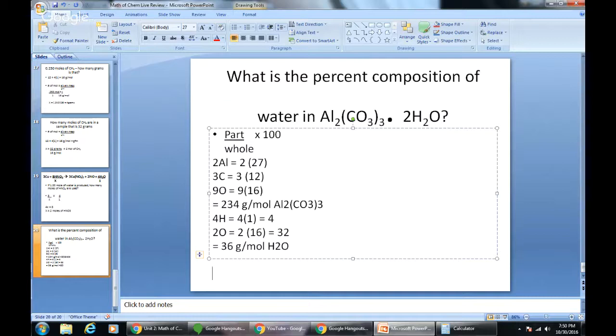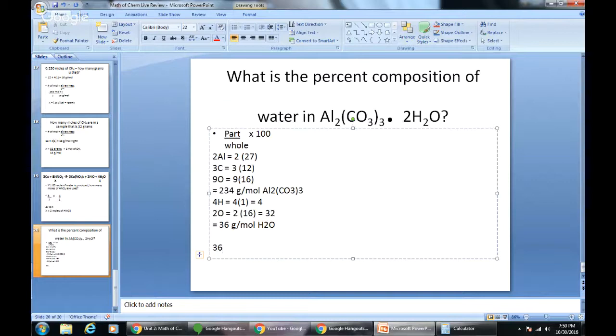So you want to do part over whole times 100. The part is going to be water, like I said before. Water weighs 36 grams per mole, you just found that out. So 36 is the part, and that's going to be over the whole.